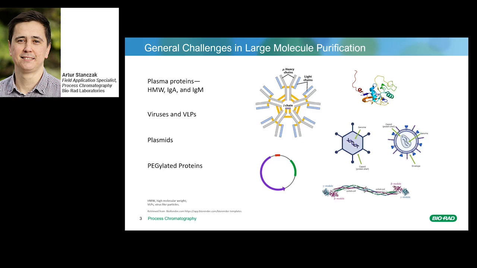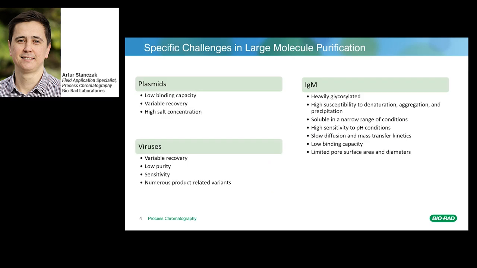Other therapeutic entities include virus-like particles, viruses such as AAV, lentiviruses, and more. Plasmid DNA and pegylated proteins can also exhibit some challenges in chromatography purification due to their size. Each molecule has its own characteristics, and depending on the application it can vary greatly.